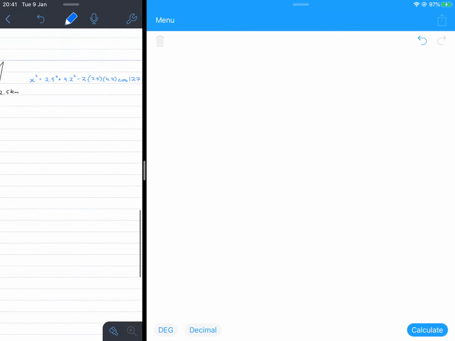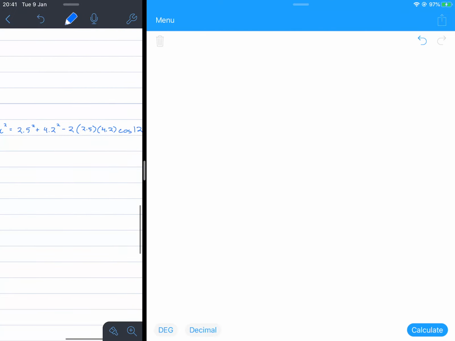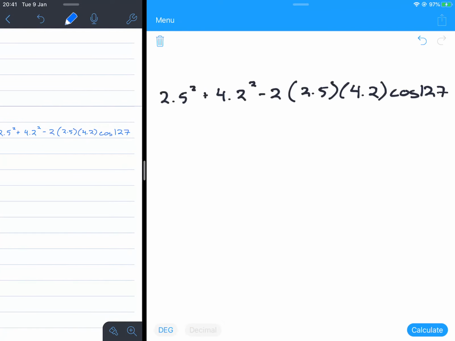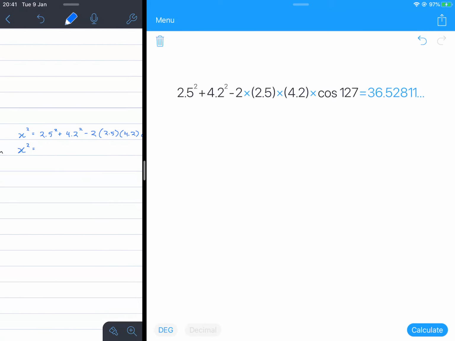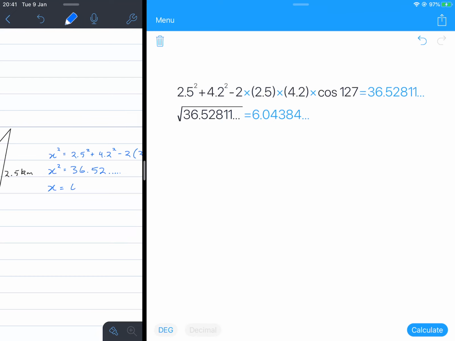Writing all this in: 2.5 squared plus 4.2 squared minus 2 times 2.5 times 4.2 times cosine of 127. Everything's inputted correctly. That is 36.52. I'm just going to take the square root of that answer. This gives me x is equal to 6.04 kilometers.